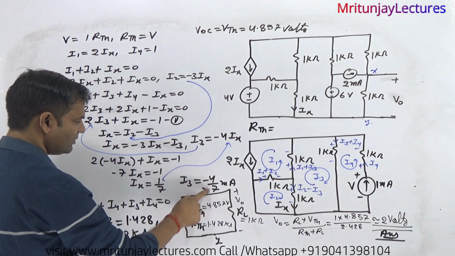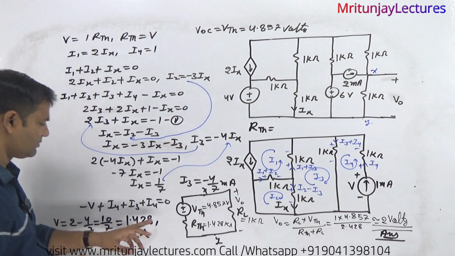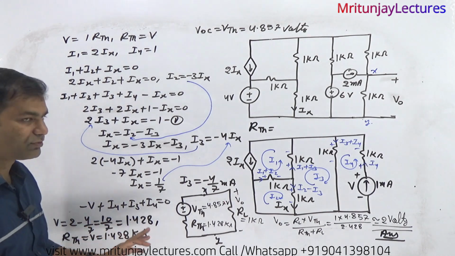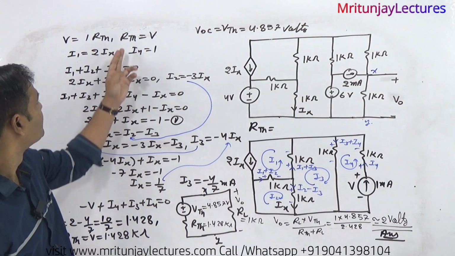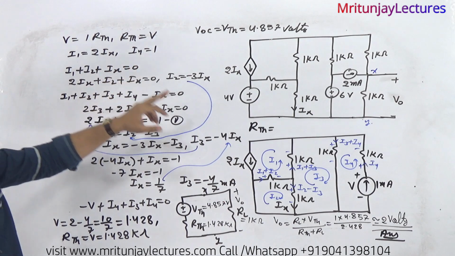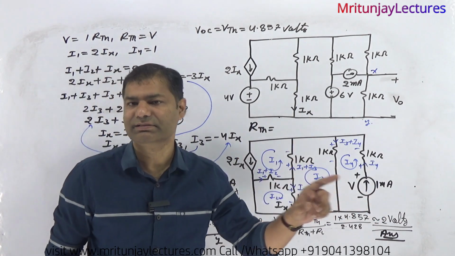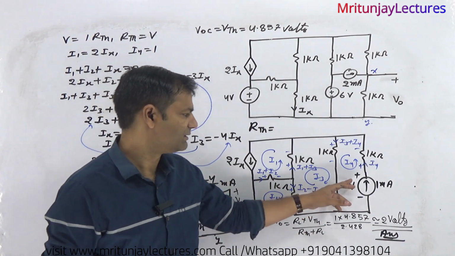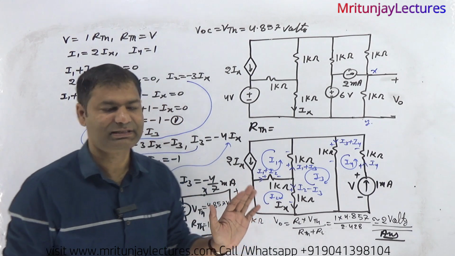I3 is minus 4 by 7, put the value minus 4 by 7, then we get 1.428 volt. V is 1.428, but V is RTH, so RTH is like this. Why kilo ohm? Because we considered milliampere, that's why RTH is also in kilo ohm. Because all voltages are in volt, that's why.